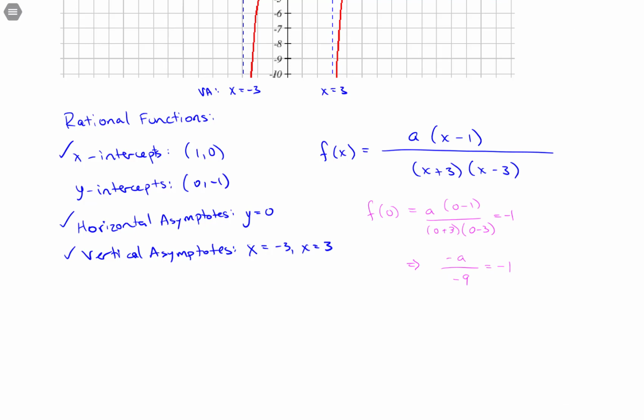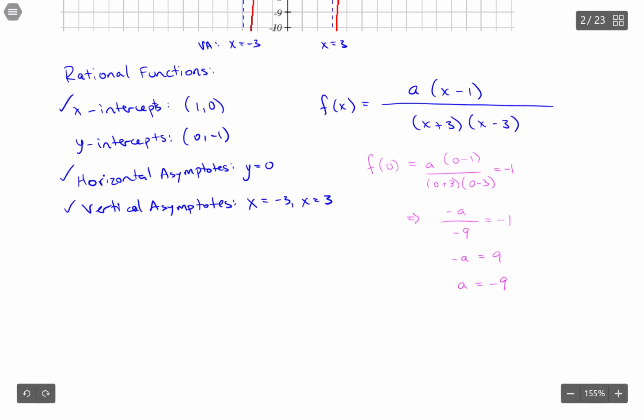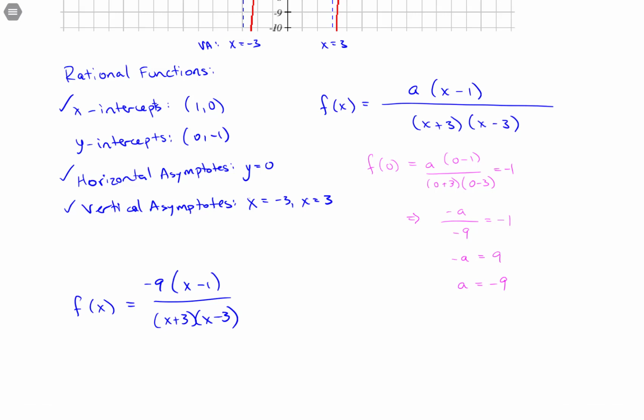All right, so solving for a, I have negative a equals positive 9 because I multiply the negative 9 over, but then divide through by negative 1, so a equals negative 9. So that means my finished up and polished function is going to be f(x) equals negative 9 times (x - 1) all over (x + 3)(x - 3). And you could multiply that out if you wanted, or if you wanted to leave it in factored form, that's fine as well.